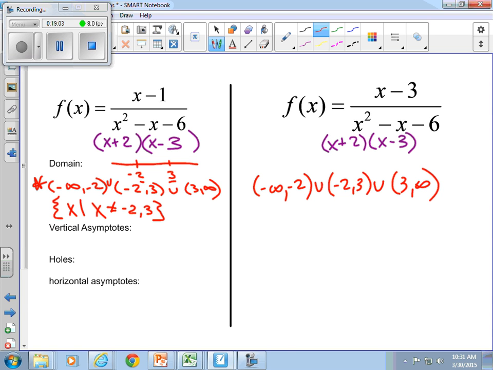What we're going to do is look at the factors in the numerator and denominator and see if any of them cancel. In the first one, do any of them cancel? No. So both of those numbers are vertical asymptotes. In fact, most of them are going to be vertical asymptotes.